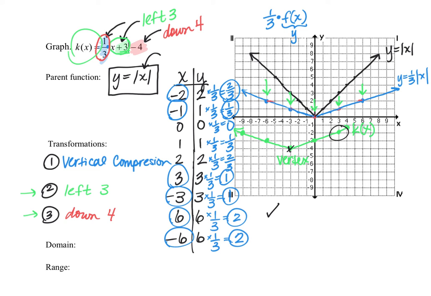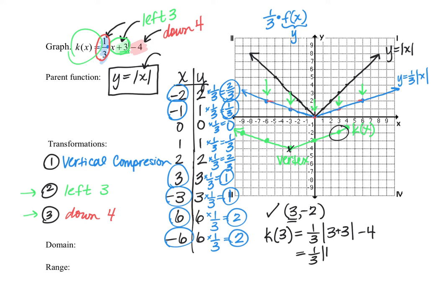So don't pick the vertex, but pick one of the other 4 points that we have on our graph. So for example, I'm going to choose this point here, which appears to be at 3, -2, and I'm going to check to be sure I did this correctly by substituting in 3 for x. So in other words, I'm going to substitute 3 into my function. That would be k of 3, which would be 1/3 absolute value of 3 plus 3 minus 4. And I'm just verifying that I will get a y value of -2.